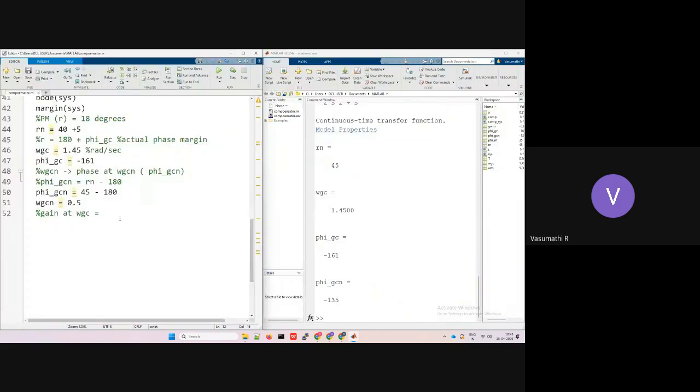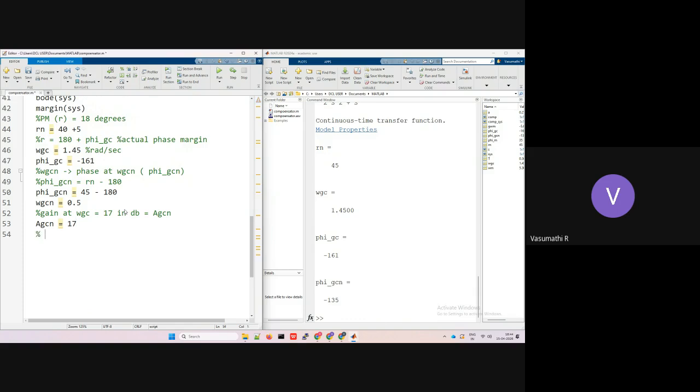Magnitude is 17, but in decibels. We can keep it in decibels itself. So that is your AGCN, the gain at your new gain crossover frequency. Now AGCN is equal to 17.